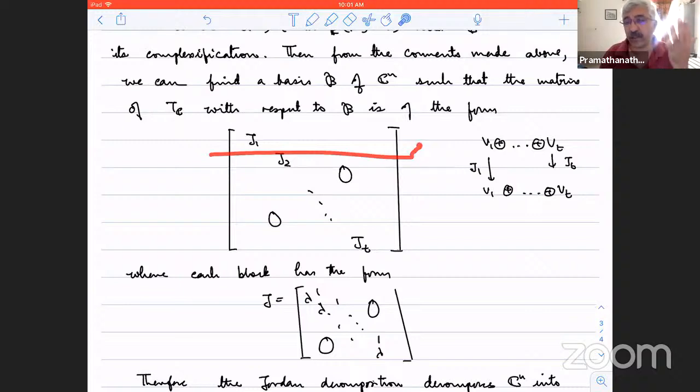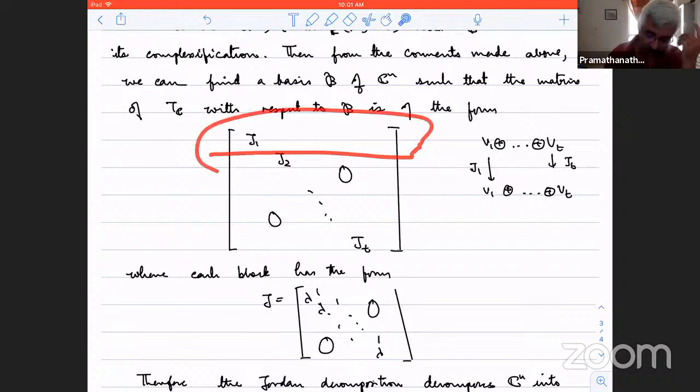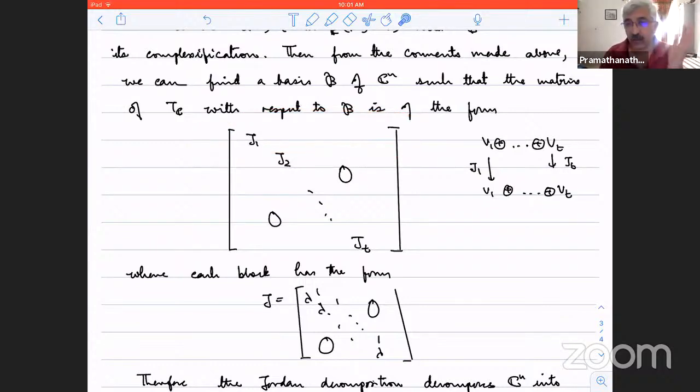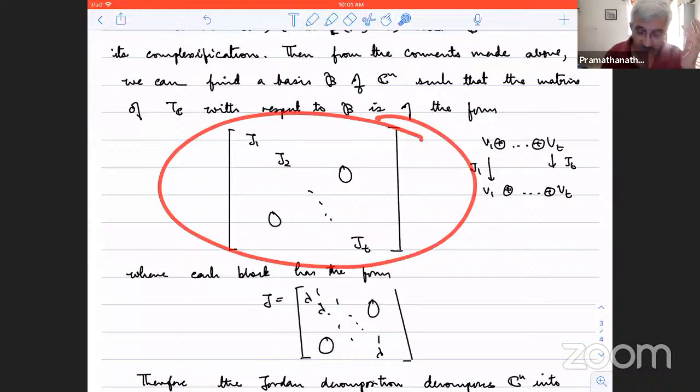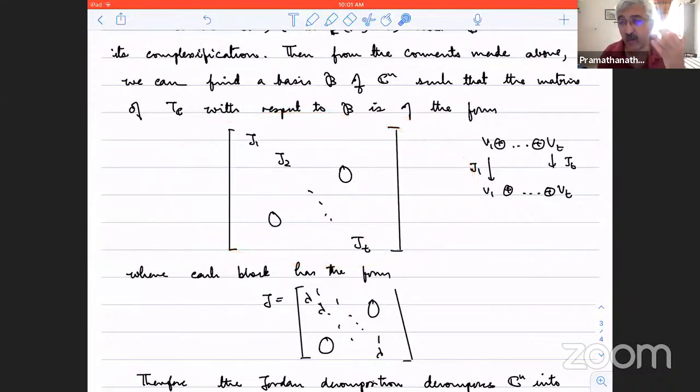If V1 is generated by E1 up to E5, so somebody asked me what the V_i's are. You have changed the basis, so for the moment, because you already changed the basis and you have a matrix, I'm going to worry about the standard basis, K1 through Kn.